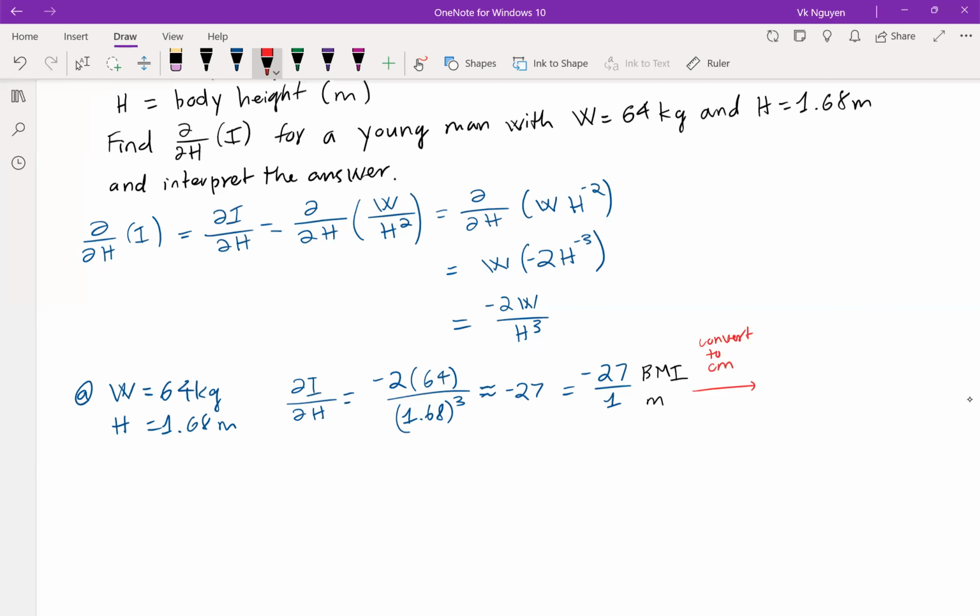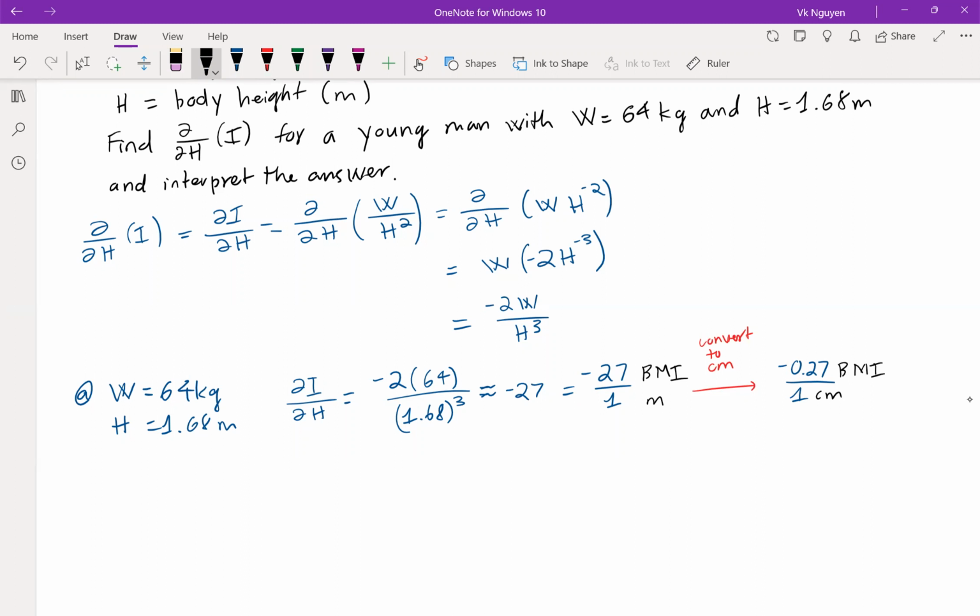So when we convert to centimeters, then it's going to become a little more manageable. So it's -0.27 over 1 centimeter, -0.27 BMI.